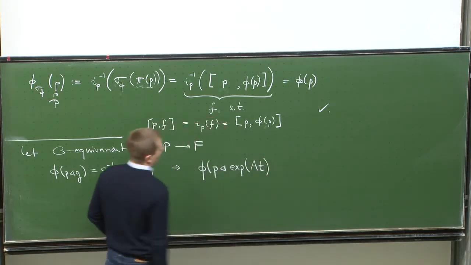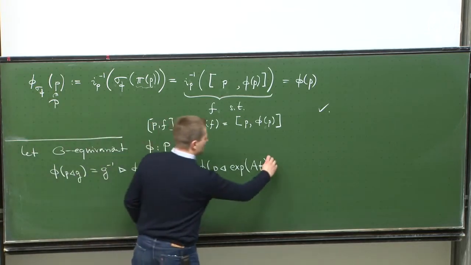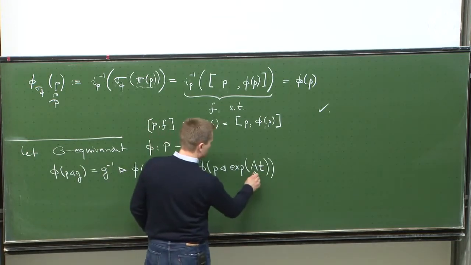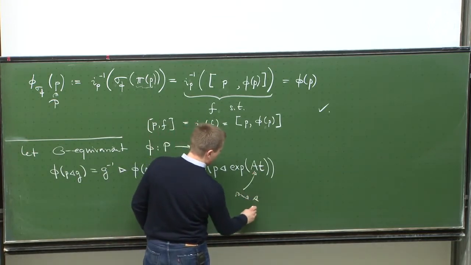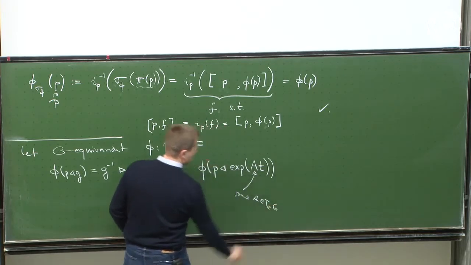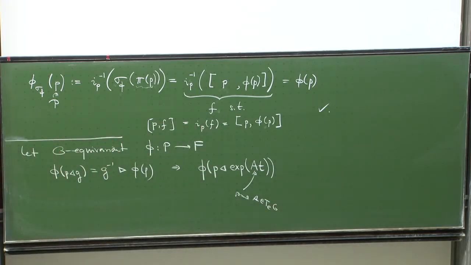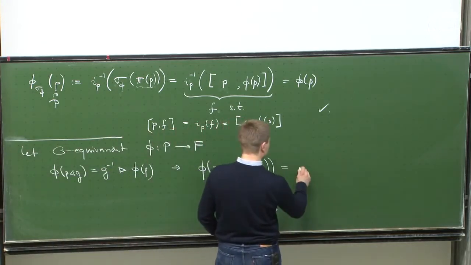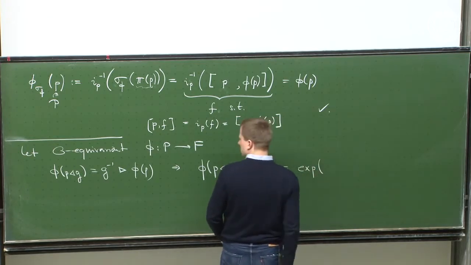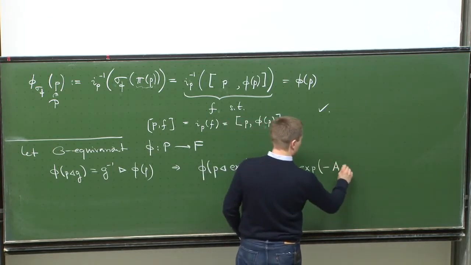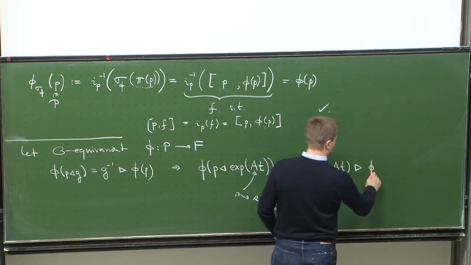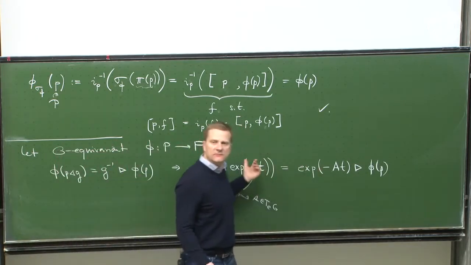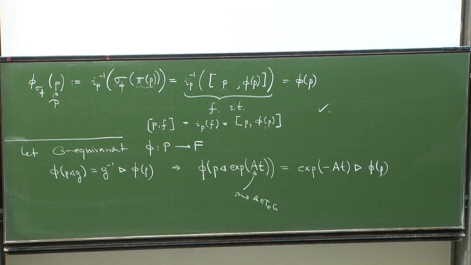We can represent them all by this one-parameter group, where A is some element from the Lie algebra, from the tangent space at the identity. We can write down the G-equivariance condition like this, acting from the left on phi of P, because if you go backwards, you get the inverse. So this is immediate.